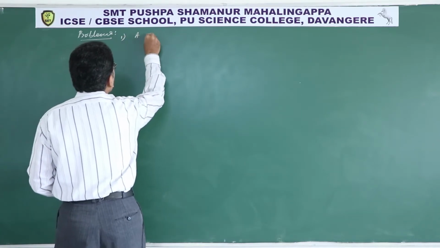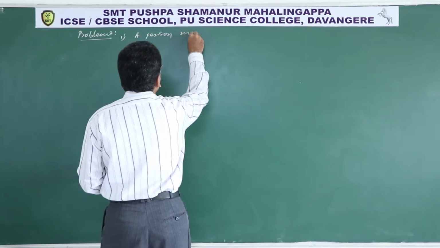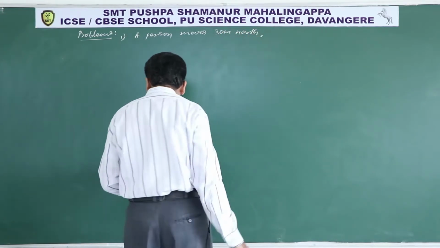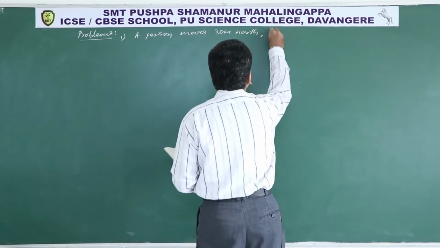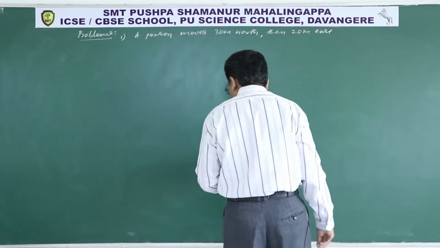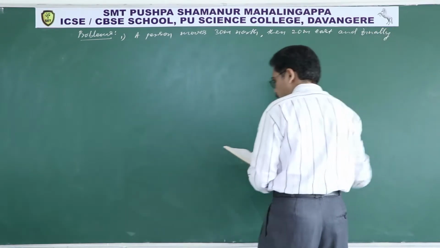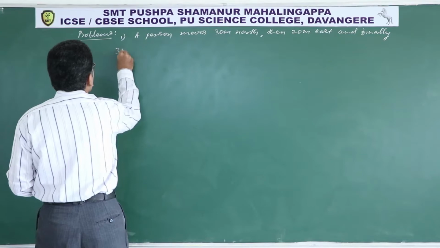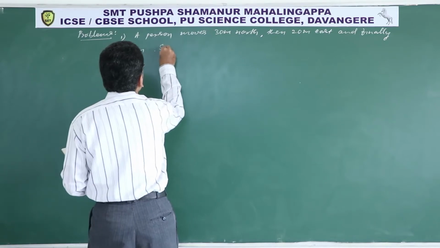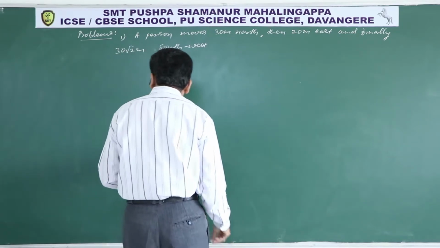A person moves 30 meter north, then 20 meter east, and finally 30 root 2 meter in the southwest direction.